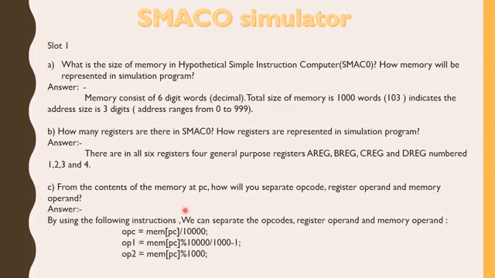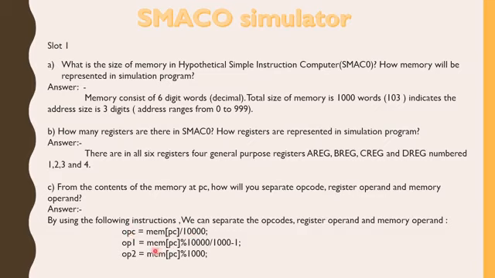Let's see. By using the following instructions, we can separate out our 3 operands. First of all, we will take whatever instruction we have in the memory at the program counter, and we will divide it by 10,000. By this, we will first get our opcode.